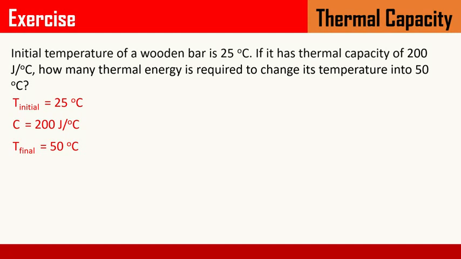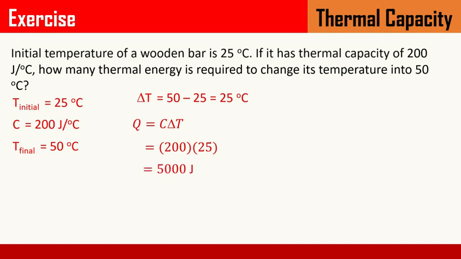To find the thermal energy, that's the Q, you have to find the delta T first. So that is delta T, and then the Q using this equation, Q cap, and that's the answer. Again, if you have a question, later you can ask me, but if you want to repeat my explanation, you can replay.